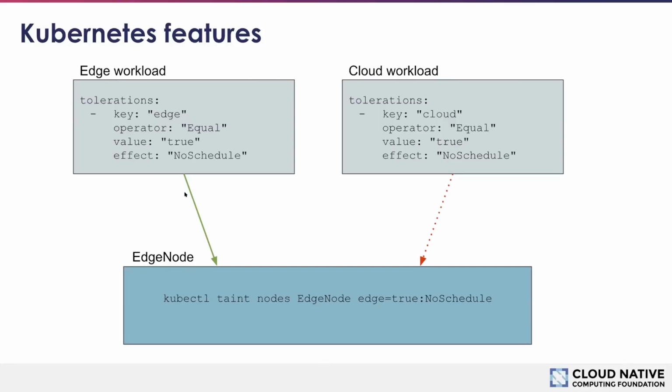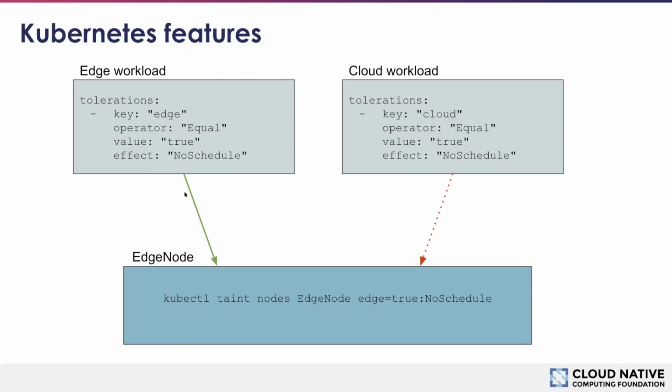For example, if we have a constrained node where only certain workloads need to run, then we can use taints and tolerations to instruct the scheduler to put only appropriate workloads on the edge node.